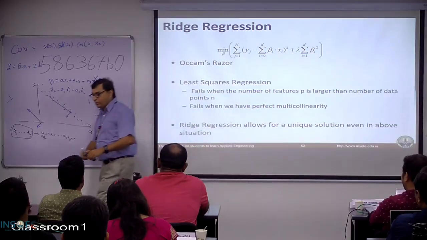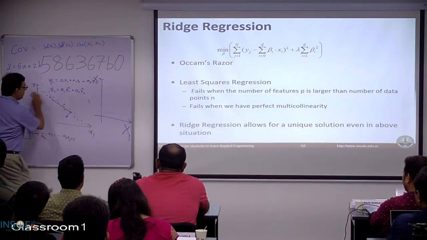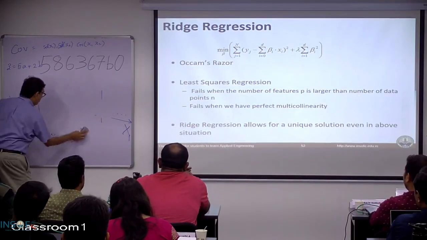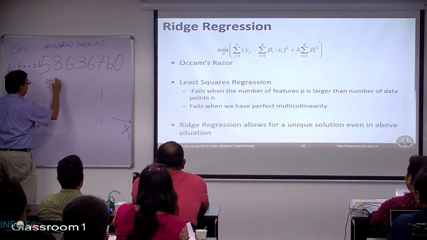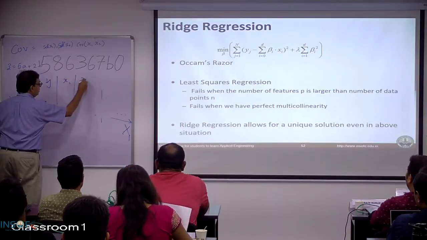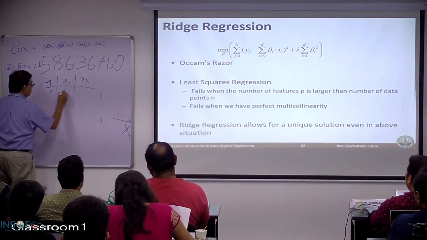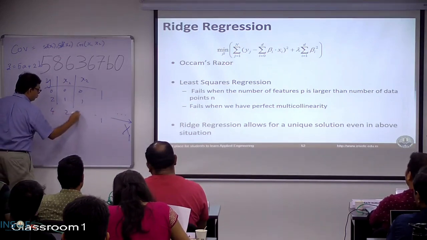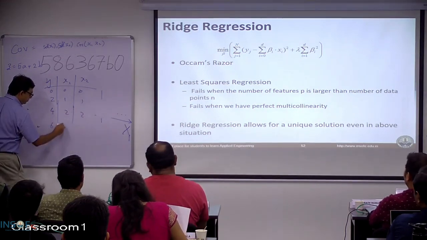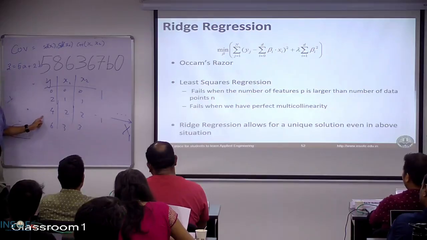We did this example, if you remember, with this data set: y, x1, x2, with rows 0, 0, 2, then 1, 1, 4, then 2, 2. What is the equation for this?